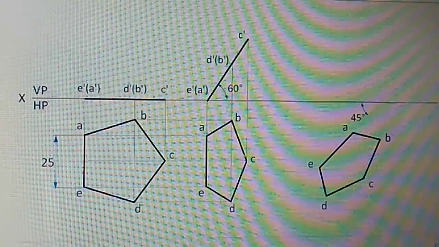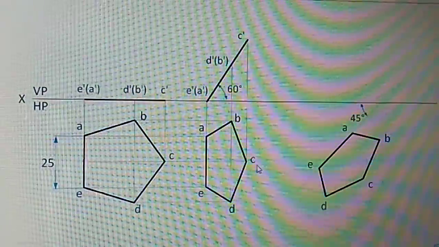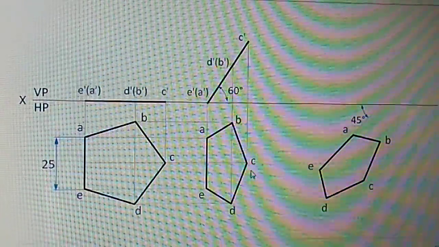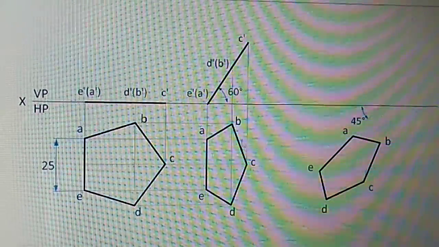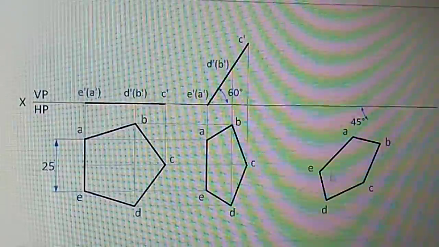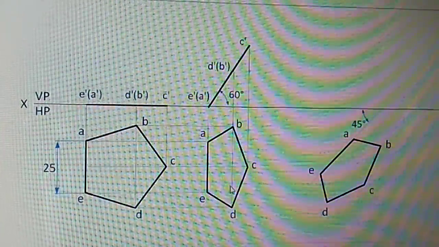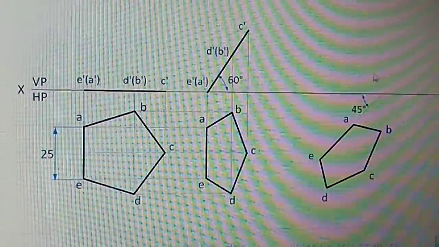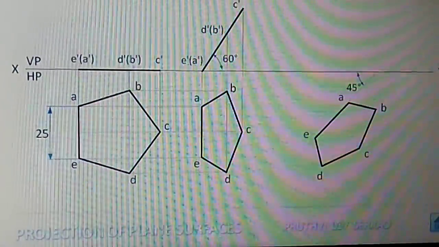Then with respect to this AE, the remaining corners you have to transfer the same way, or otherwise you make a box over this pentagon. The same horizontal and vertical lines you have to transfer here. You can easily draw this second position top view of the pentagonal lamina over here, with the resting edge making an angle of 45 degrees.